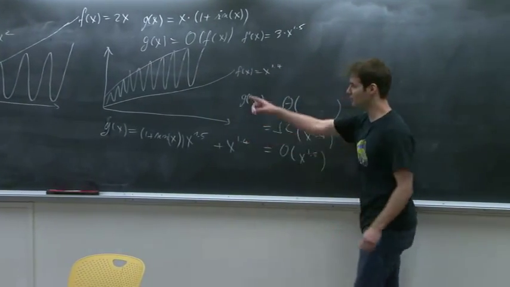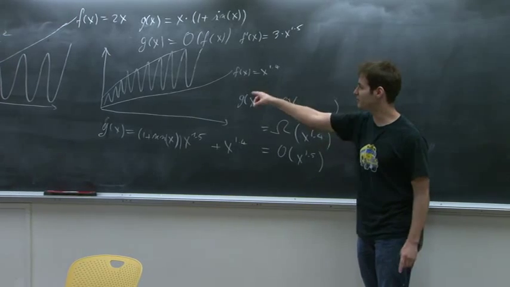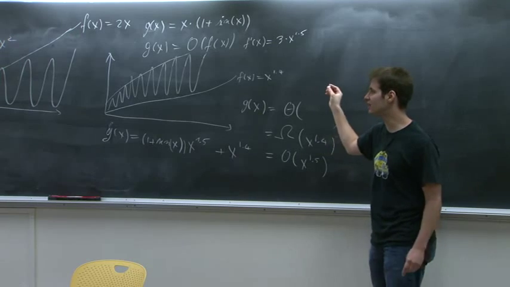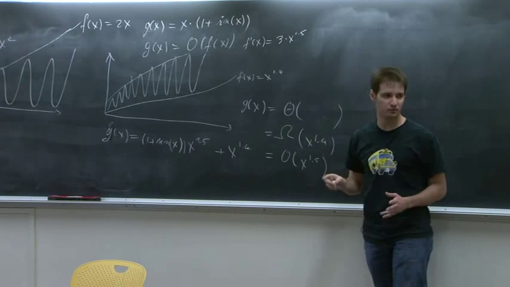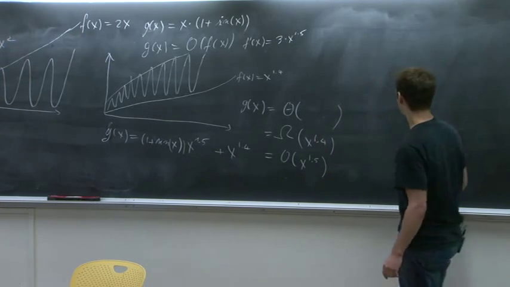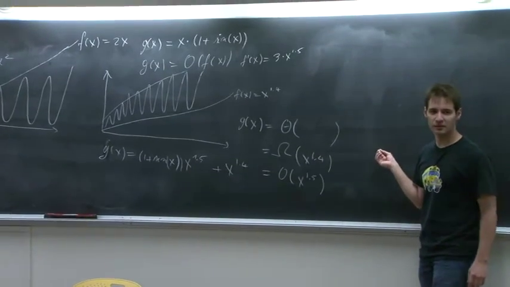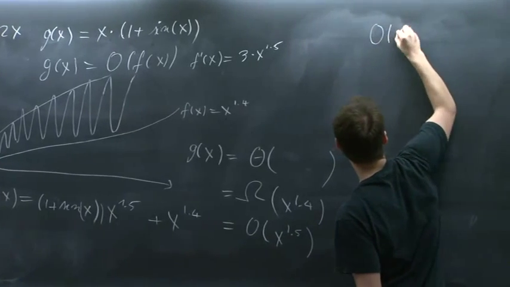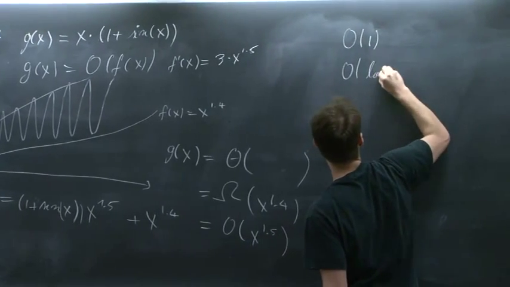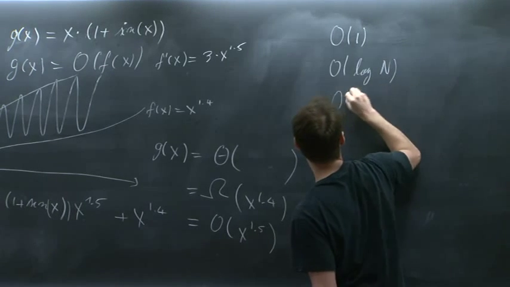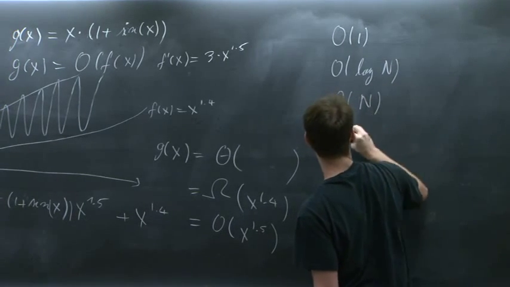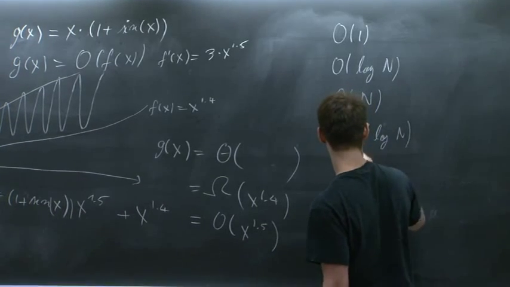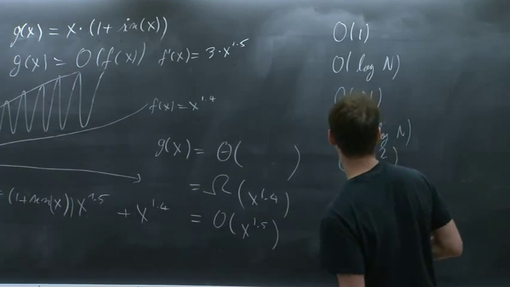Oh, by the way, these formulas look ugly and complicated because I wanted the graphs to look complicated, to illustrate the idea that asymptotic notation makes things look simpler. In this course, the running times you'll be dealing with all look like this. They will either be order 1, order log n, order n, order n log n, and order n squared.